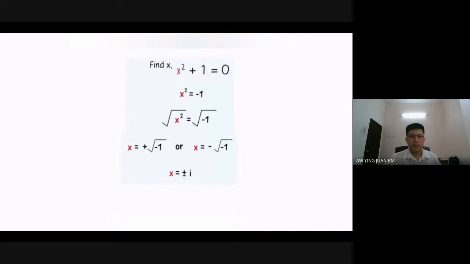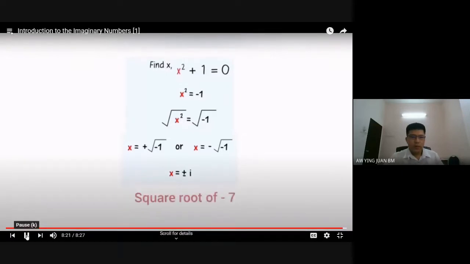But wait, we understood the concept of the square root of negative 1. What if the number is the square root of negative 7? Okay, so once we have the basis, meaning i is the square root of negative 1, now our problem of finding the value of x in x squared plus 1 is solved. But when this idea i equals the square root of negative 1 emerged, people created even more problems.